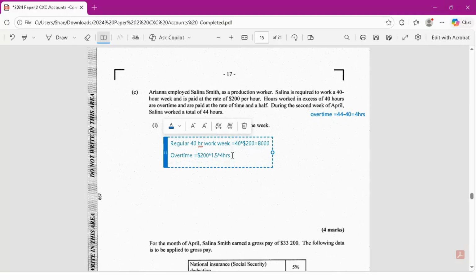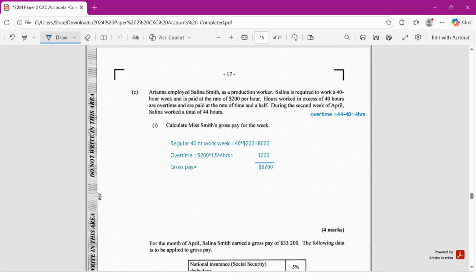All right. So in total, if you put that into your calculator, you will get 1,200. So she is getting $1,200 for those overtime hours, and then her gross pay will now be equal to $9,200. All right, so that's how much money she will be paid.